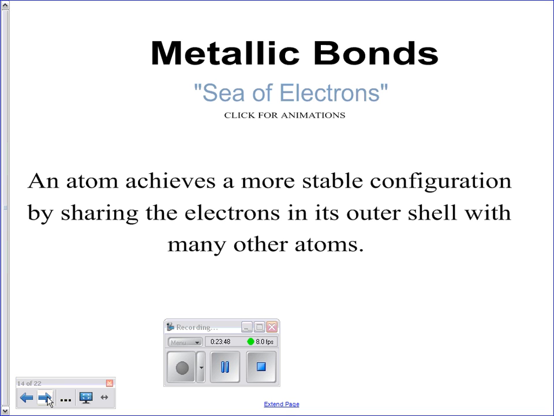Metallic bonds are literally just metal-metal bonds. So metal to nonmetal is going to be ionic, nonmetal to nonmetal is going to be covalent, and then metal to metal is going to be your metallic bonds. And the best way to look at that is this is a sea of electrons.